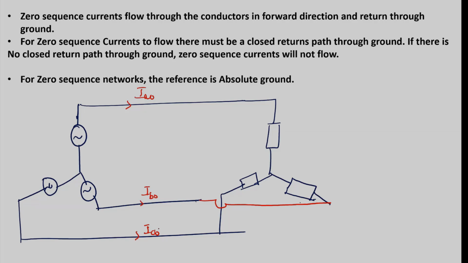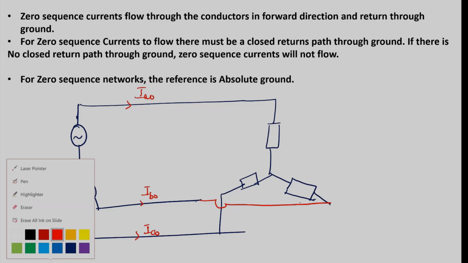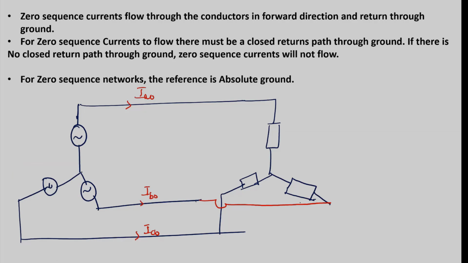Now, this is a grounded neutral. It may be grounded solidly or through some impedance. Let us assume some impedance, Zn.